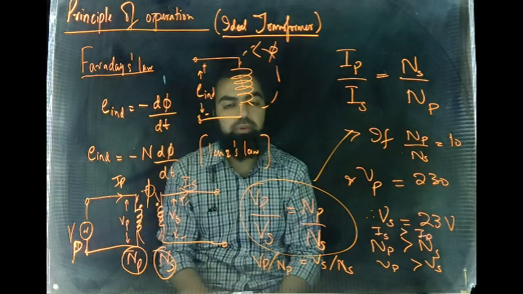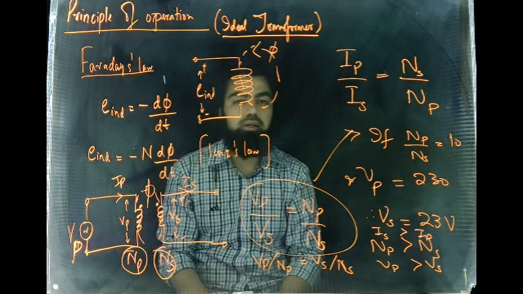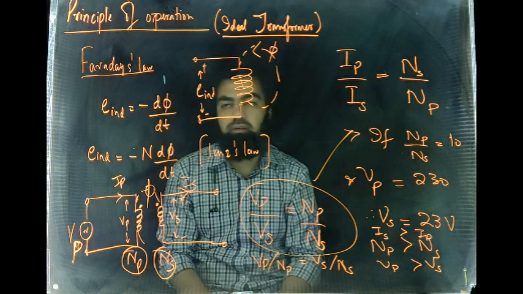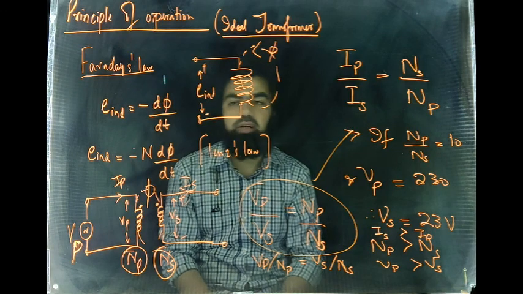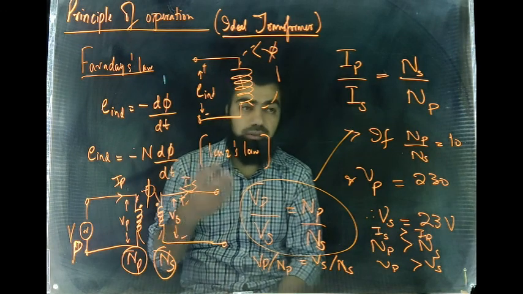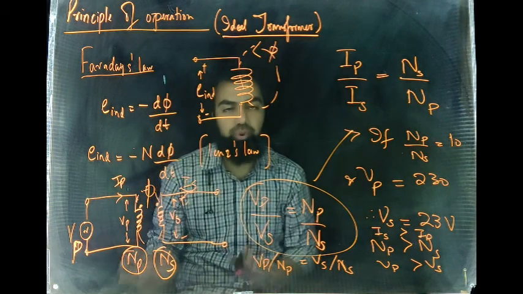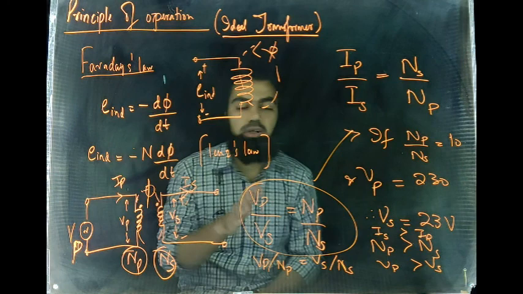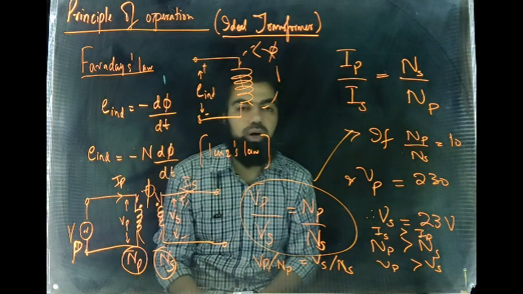So this is the operation of the transformer. It's given simply using Faraday's law. Faraday's law states that when a time varying flux cuts a coil, it induces EMF in that coil. Now, this coil is not rotating. The flux itself is time varying and cutting through the windings.